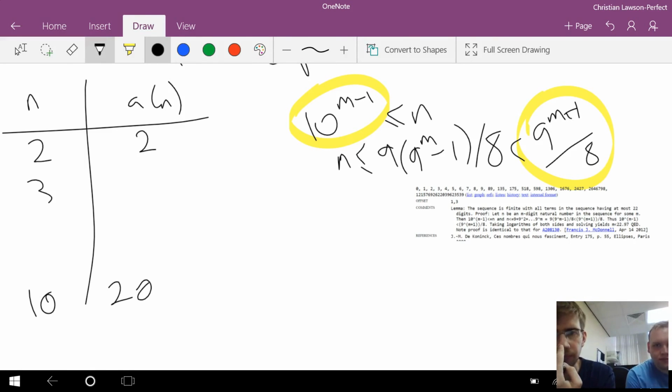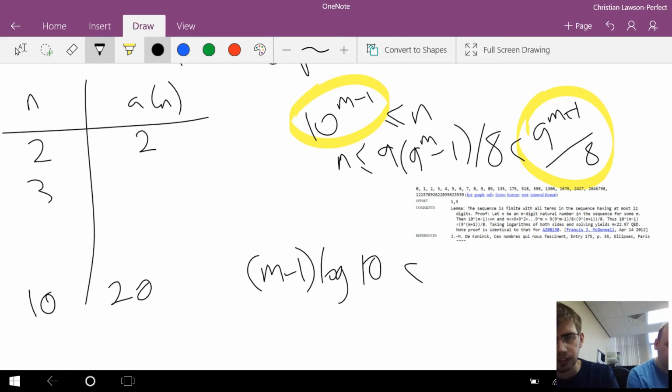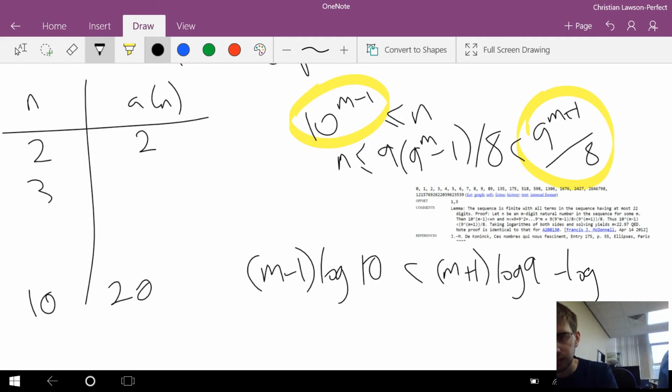So take logs, so m minus 1 times log 10 is less than m. Have you got a calculator? Because Wolfram Alpha is going to be crazy. Oh, what, we're going to get a quadratic.